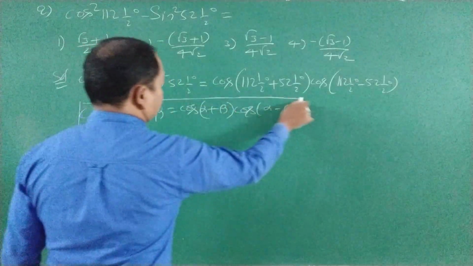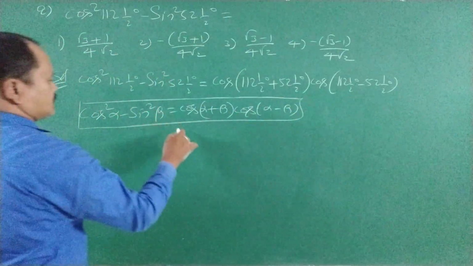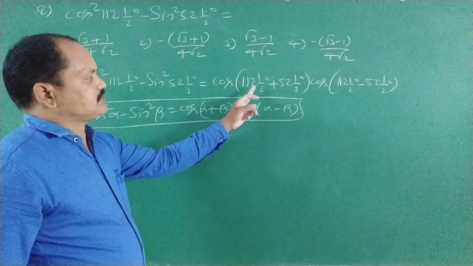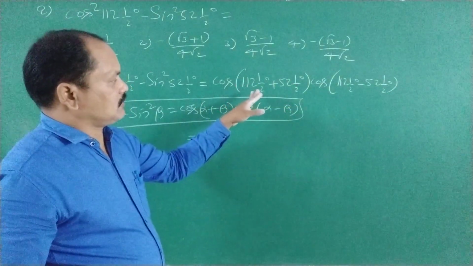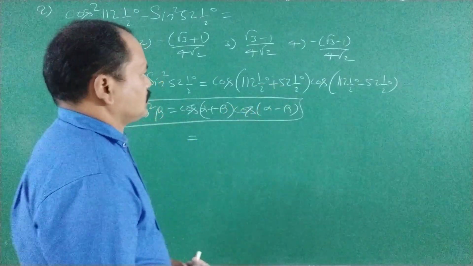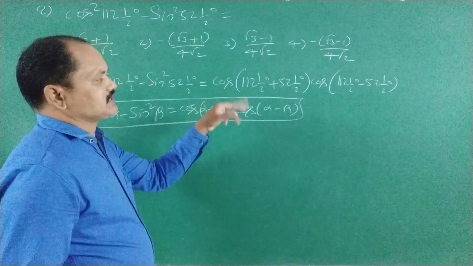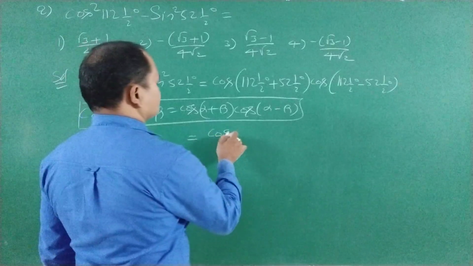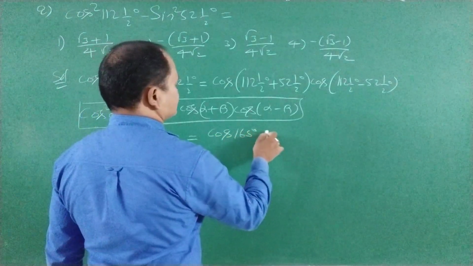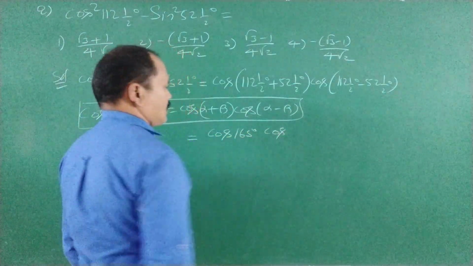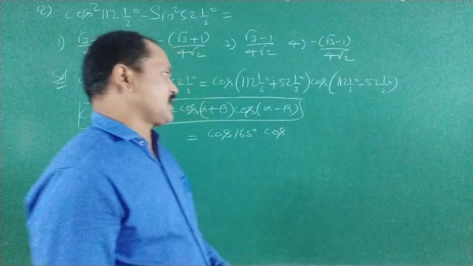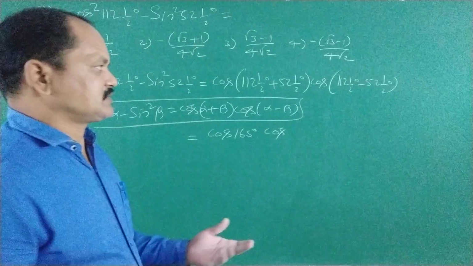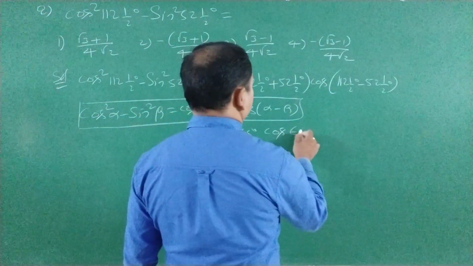So from this we have to write: observe, half of 1 and 112 and 52 gives 164, so 165 degrees. Cos 165 degrees into cos, here the 2 and a half gets cancelled. 110 minus 50 is 60, that is cos 60 degrees.